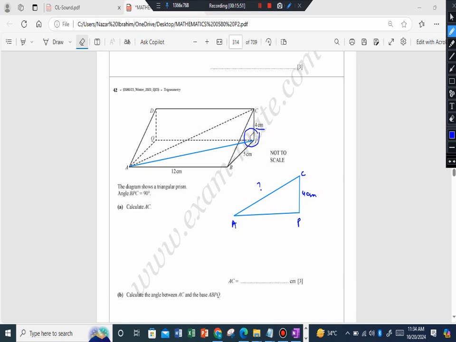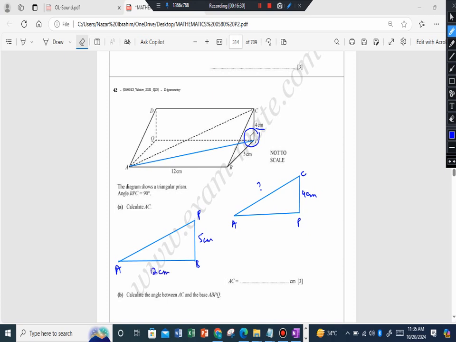Secondly, if I see on the base, I have APB, which is again a right angle triangle, and I have two sides of that, right? A, P and B. We have BP 5 centimeter, we have AB 12 centimeter.